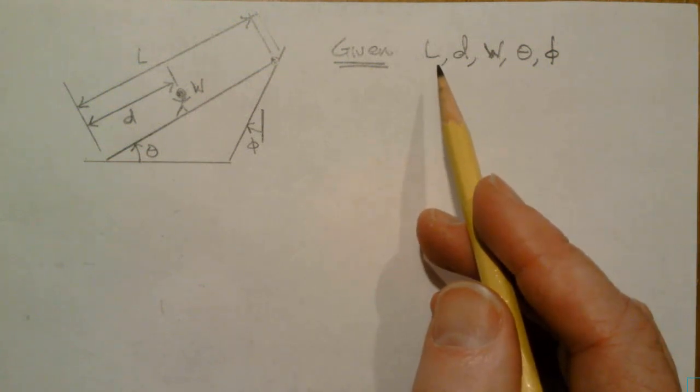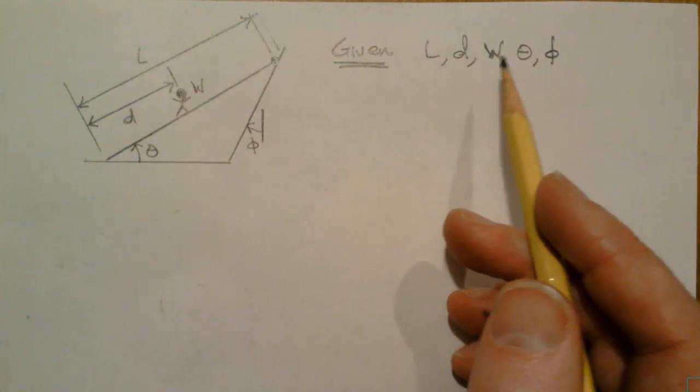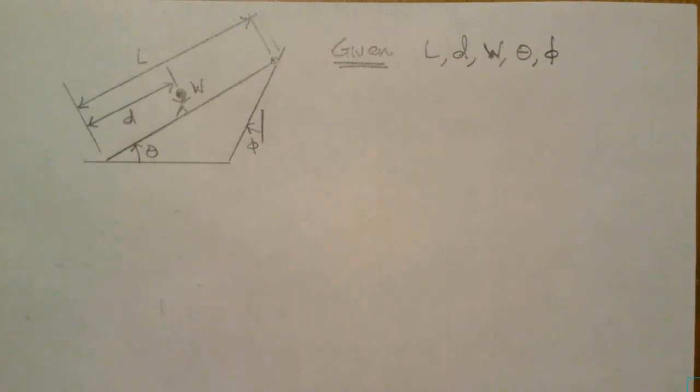I want to solve this problem generally. So when we get a solution, it'll work for any length that we have. And if we have a specific length of ladder, we can just plug that number into our solution and get the result, right? We'll solve this thing once and we'll have a solution that applies to a whole family of situations.